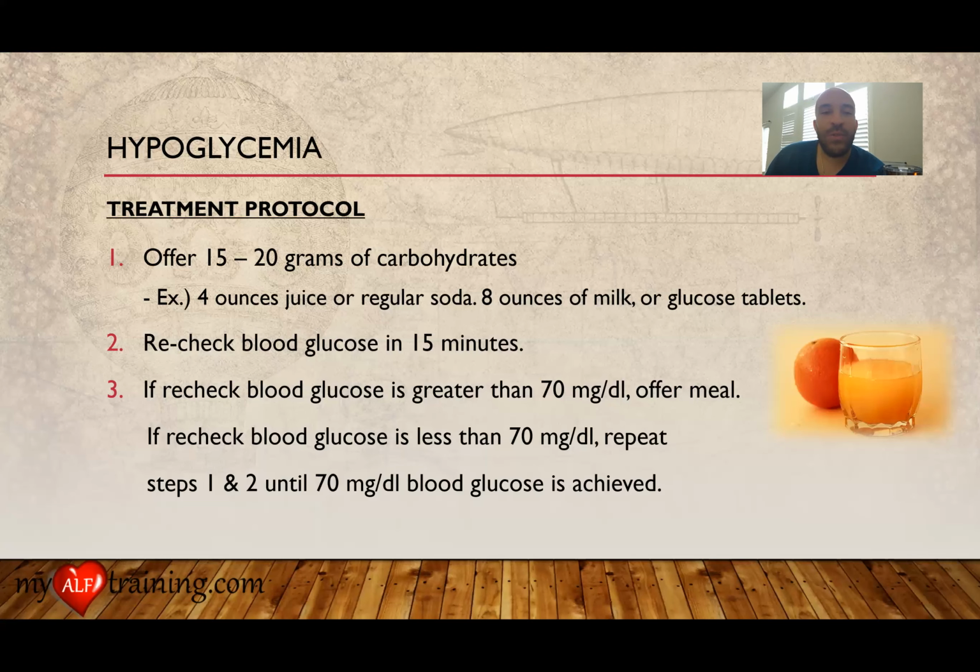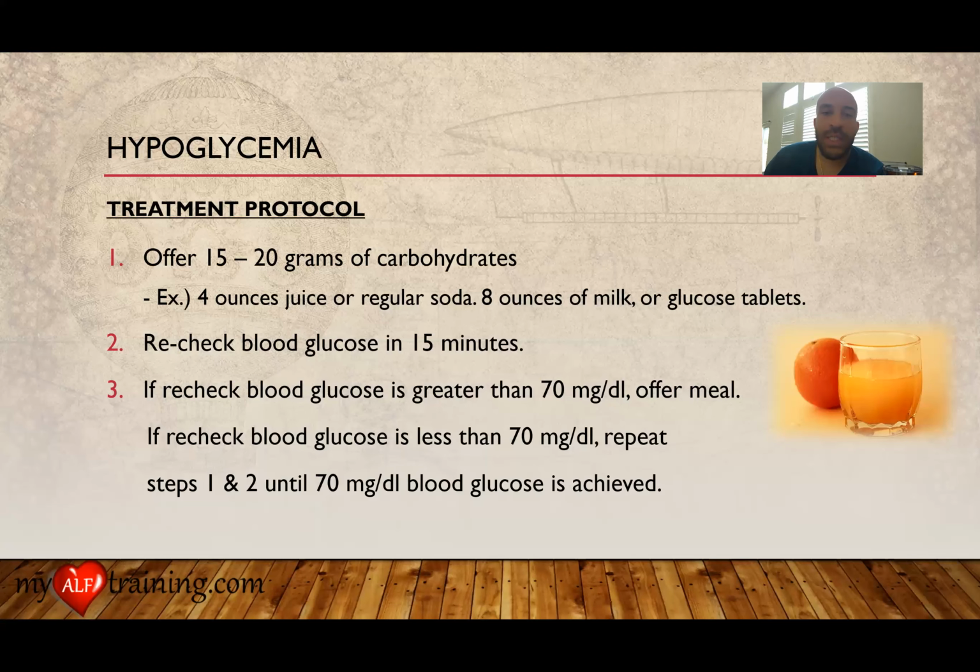So 4 ounces of juice, 4 ounces of soda, or 8 ounces of milk. Or sometimes the patients have their own glucose tablets. Preferably, I prefer juice, 4 ounces, and I don't give them any more until, and that takes me to step two, until we recheck their blood glucose in 15 minutes.